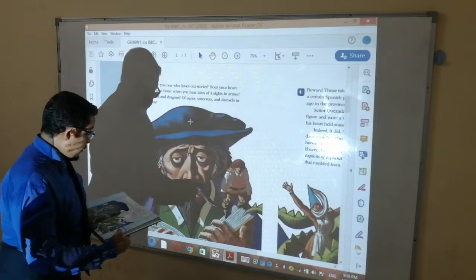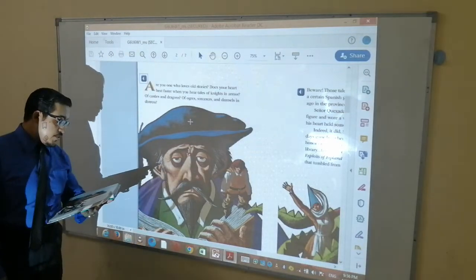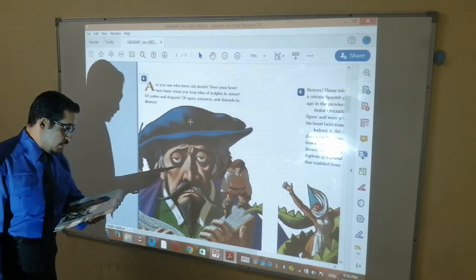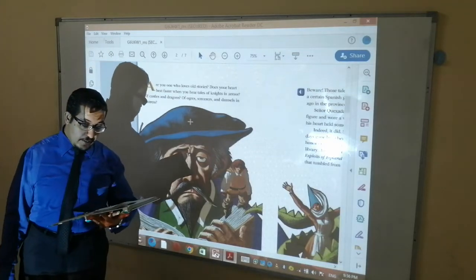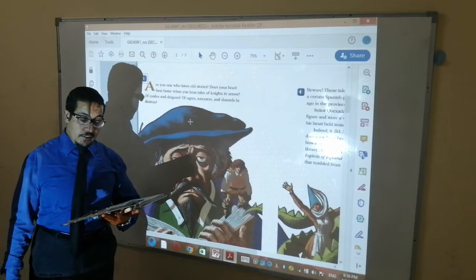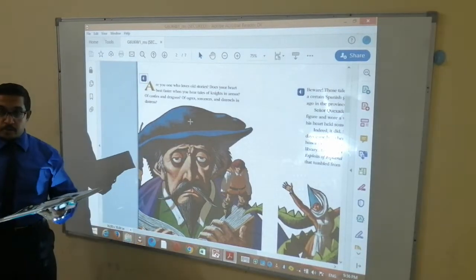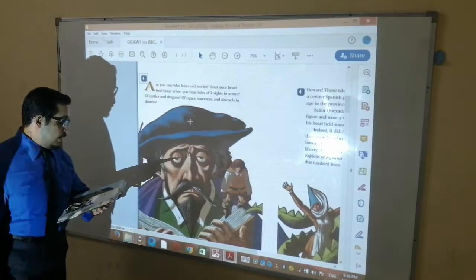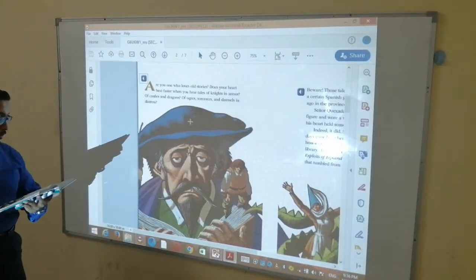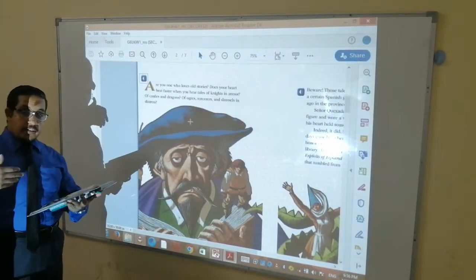In the first paragraph, as I said, are you one who loves all the stories? Does your heart beat faster when you hear tales of knights in armor? As we said, armor means the uniform of the soldiers in the past. Castles and dragons, ogres. Ogre means monsters.